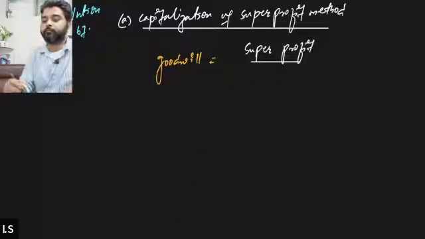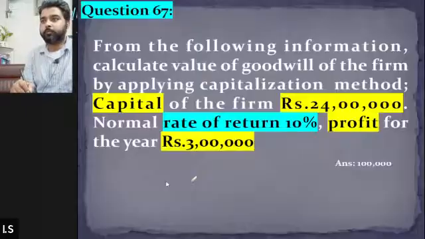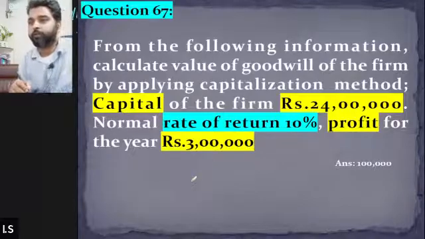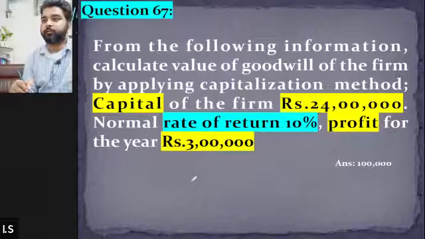Rate of return, ROR, into 100. Okay, so is super profit given in the question? No, super profit is not given in the question. So we will have to find out the value of the super profit.